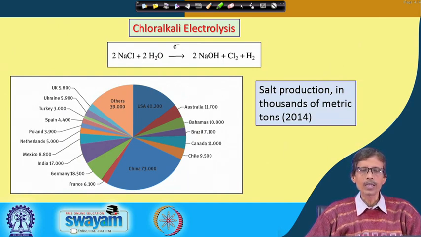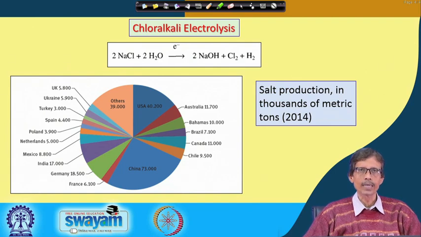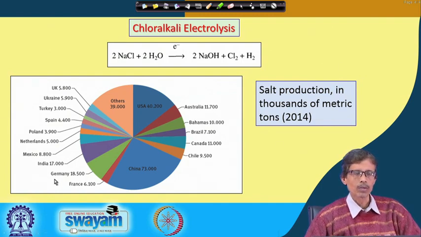So, if we have a huge reserve, we always focus our attention on converting this species, sodium chloride, to sodium hydroxide through this electrolytic process.